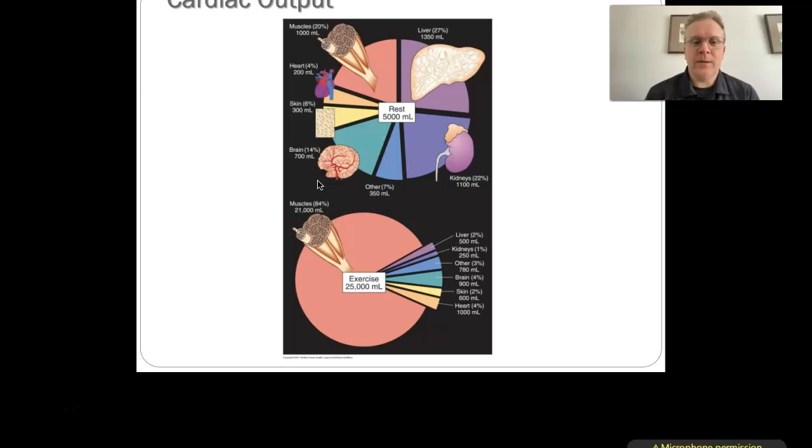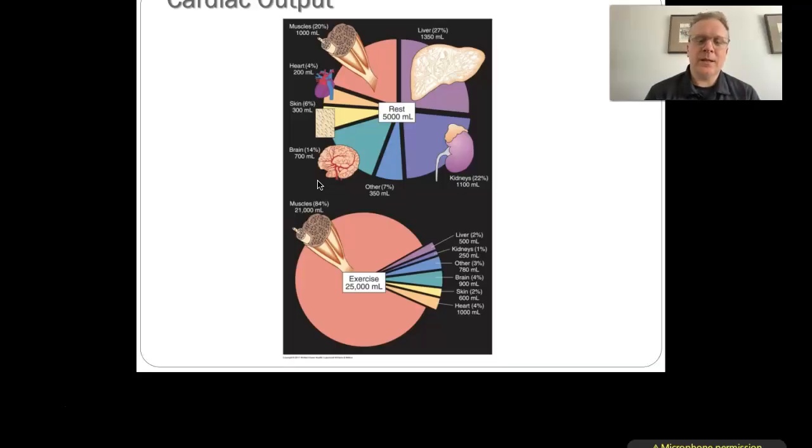Now, one thing I will say is that we have more blood circulating, like we say here. You have 5 liters of blood per minute at rest, where we have 25 liters of blood per minute being circulated during exercise. The percentages go down to some of these different vital organs, but the actual blood supply increases to some of these, or maybe diminishes just a little bit.